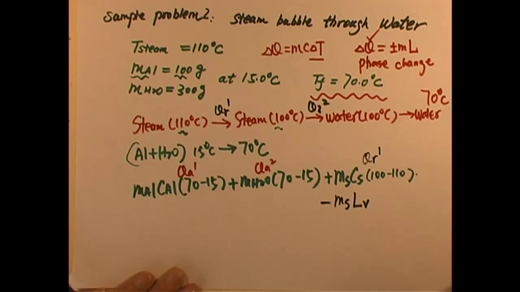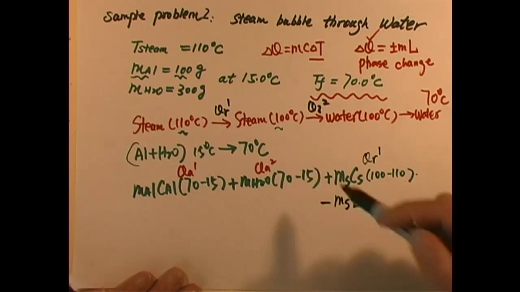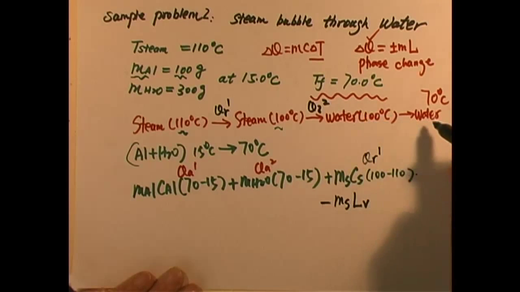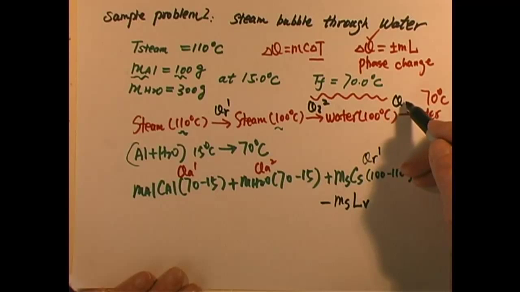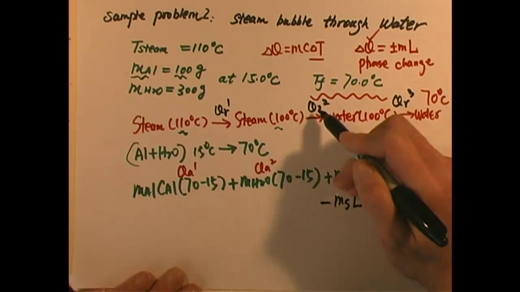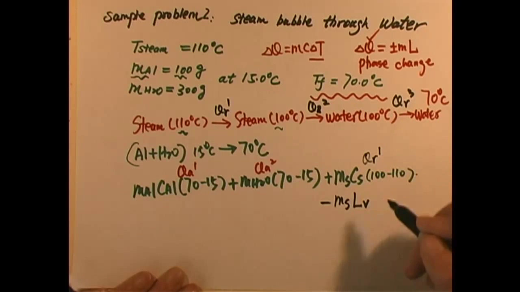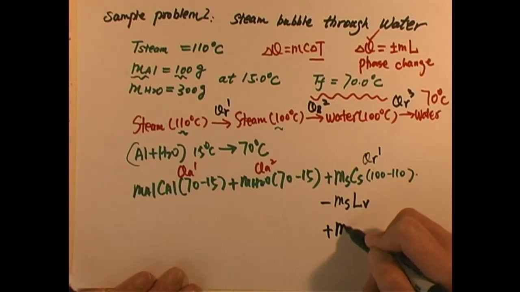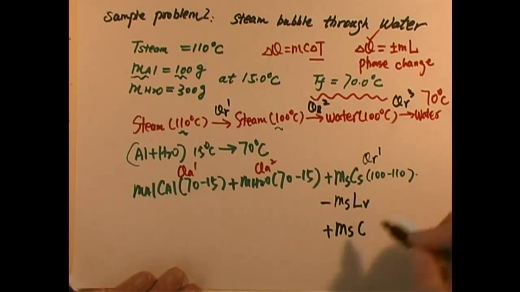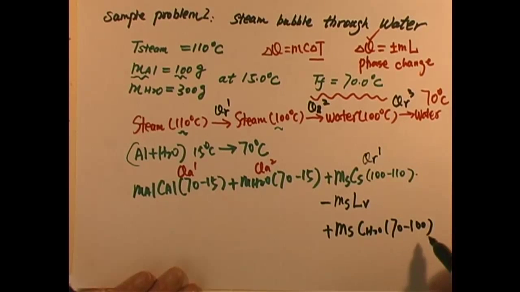And then once the steam has condensed to water, when the 100 degree water goes to 70, that is Q release 3 right here. This term we don't have to worry about, because as you can see, mass of steam times C of H2O, final 70, initial 100, this term is automatically negative.